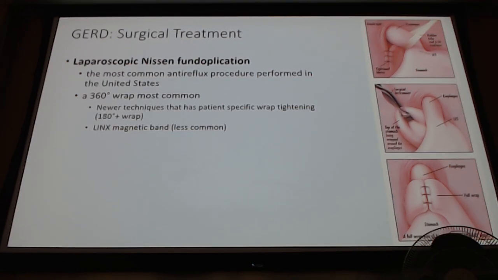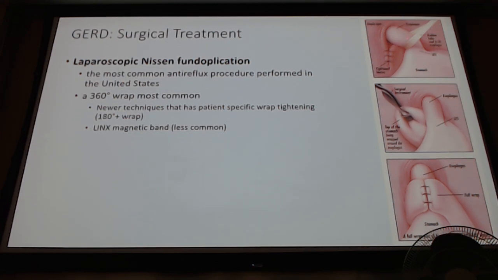Okay? What happens if it's just GERD because the LES isn't working right? Our best treatment is laparoscopic Nissen fundoplication. Okay? Basically what we do is we go in laparoscopically, that's with the cameras. Okay, we can do this open, but most of the time we don't anymore.